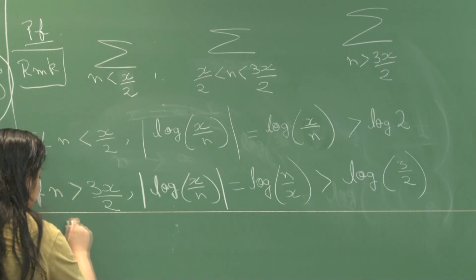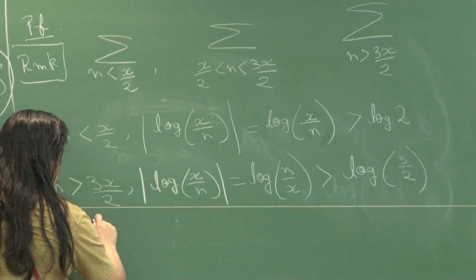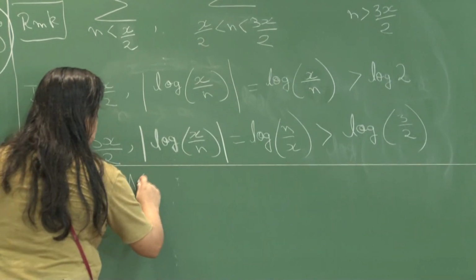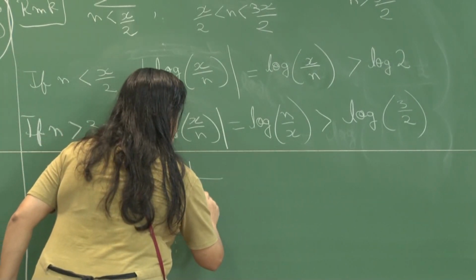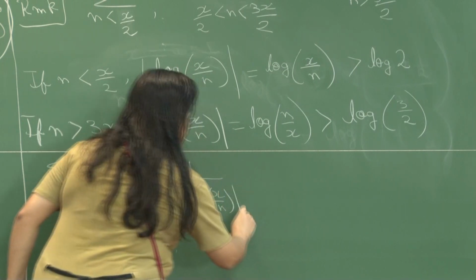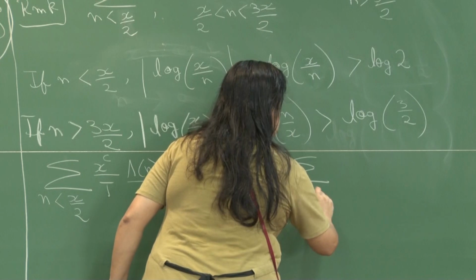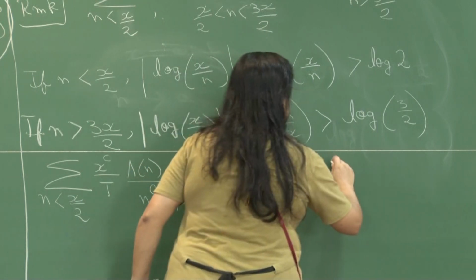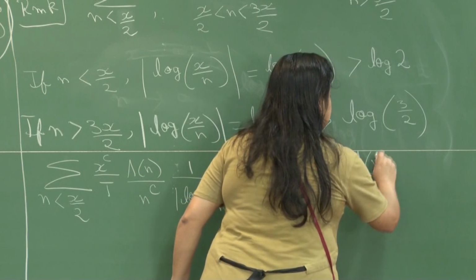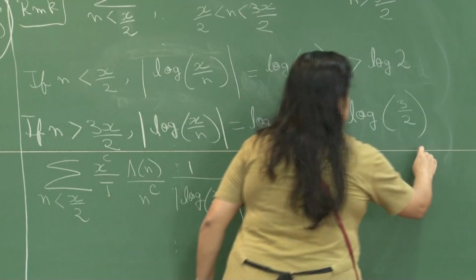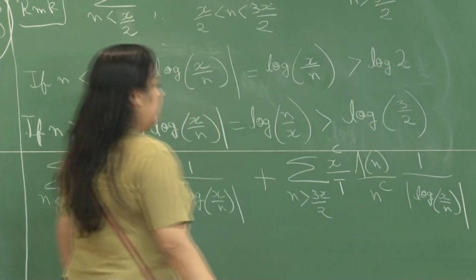And so now suppose I write out the sum over n less than x by 2 of this error term here, plus the other term, the sum over n greater than 3x over 2 of x raised to the c over capital T, lambda of n over n raised to the c, times 1 over absolute log of x by n.